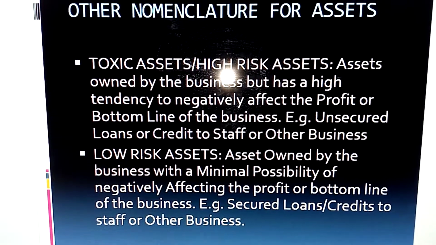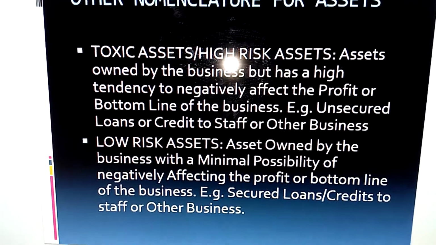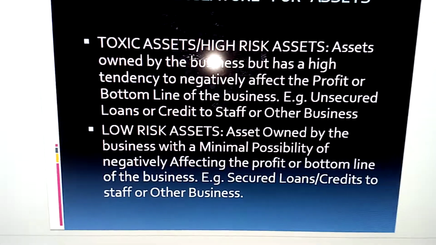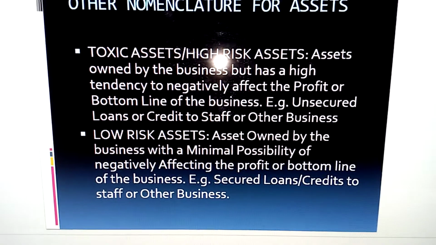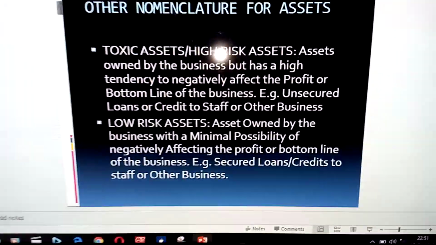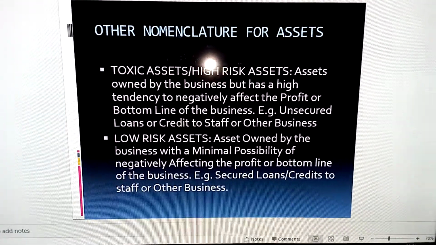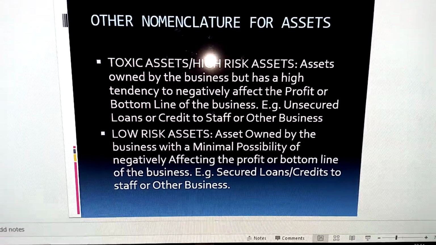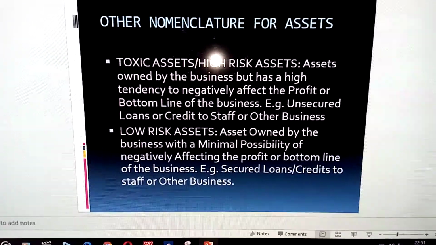But if that credit is significant and unsecured, say for instance, credit sales without bank guarantee, there's a tendency of that credit sale resulting in bad debt, and as such it will affect the bottom line of the business. Such kind of scenario, we refer to those kinds of assets as toxic assets or high risk assets.